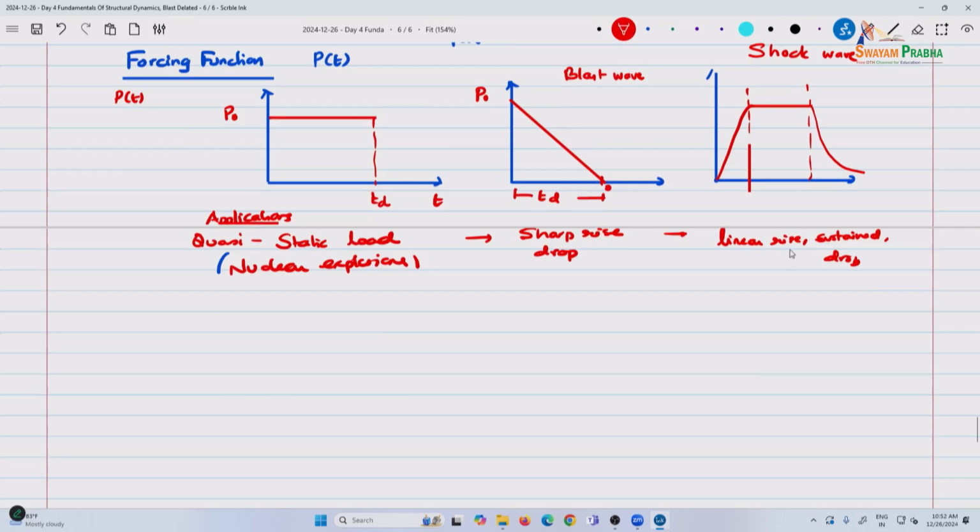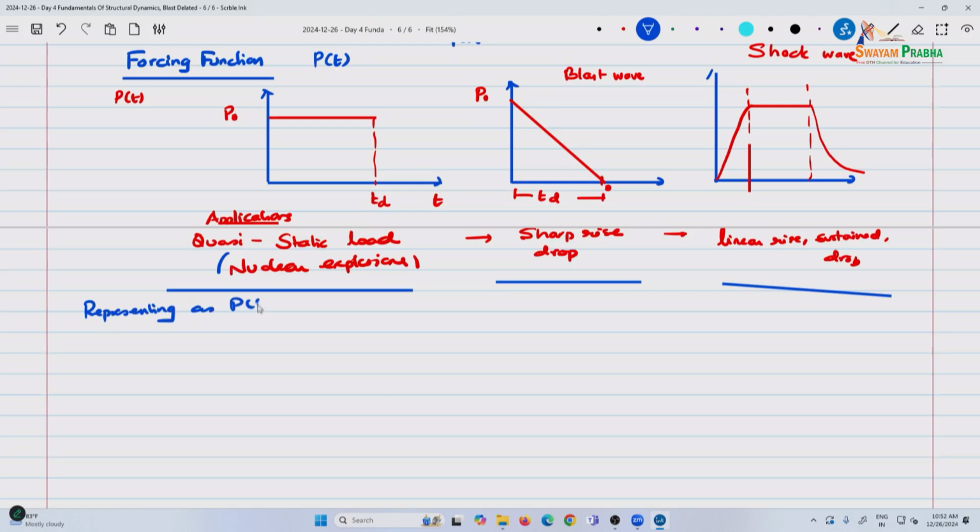how will you represent P of t? For the three representations, you get P of t equal to P naught.